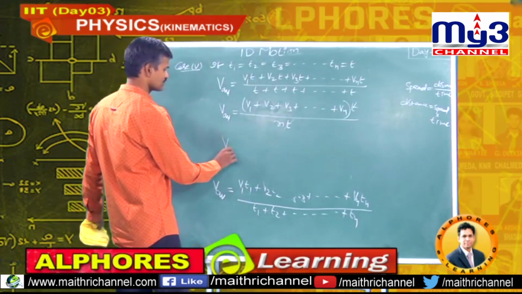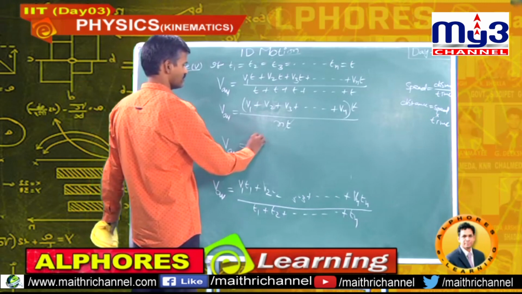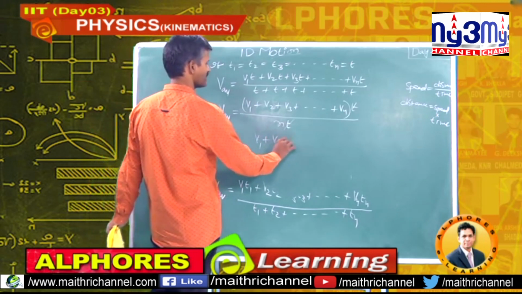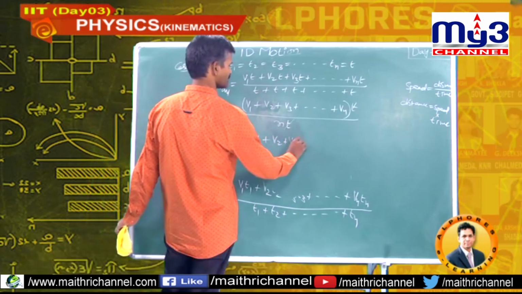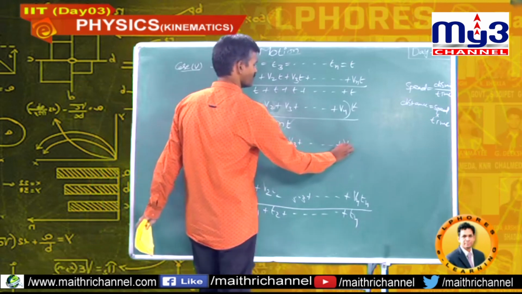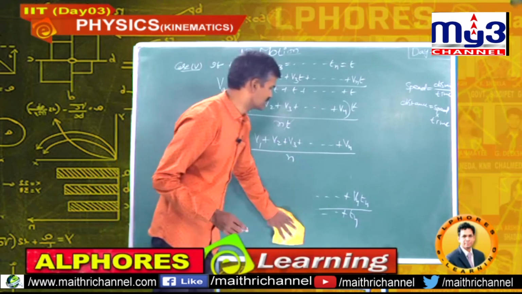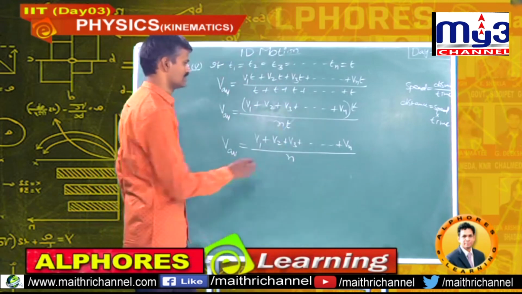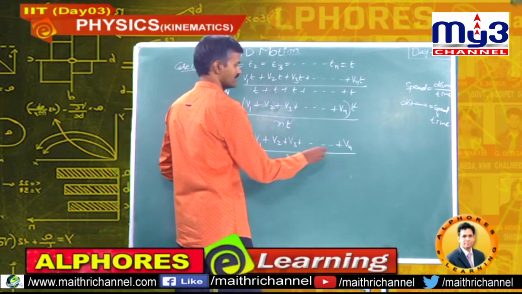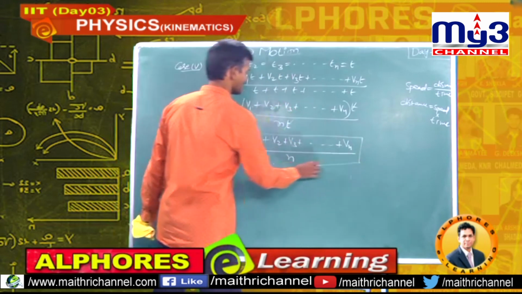So, our average speed is V1 plus V2 plus V3 plus and so on plus Vn, divided by n. This is arithmetic mean.